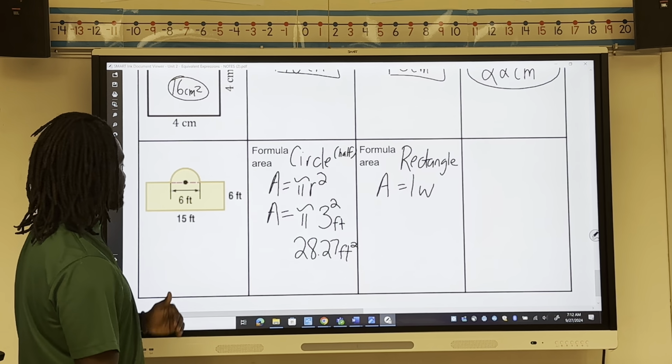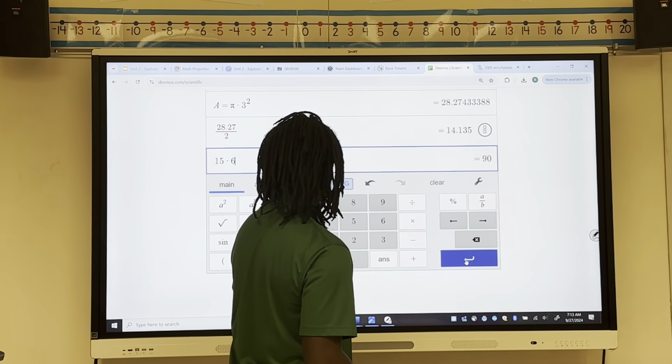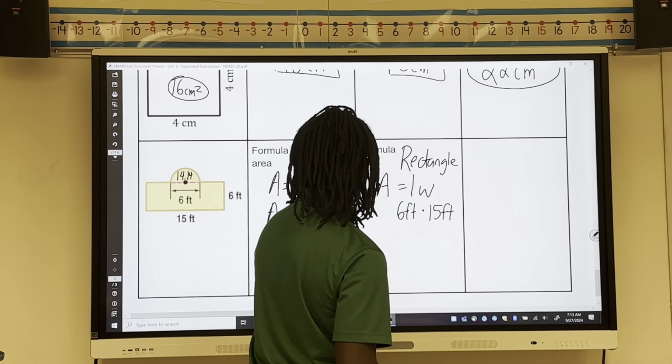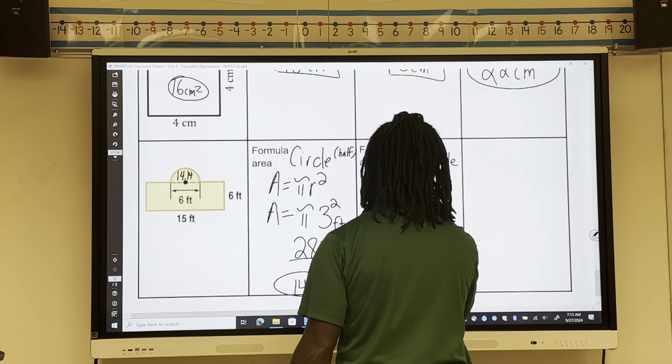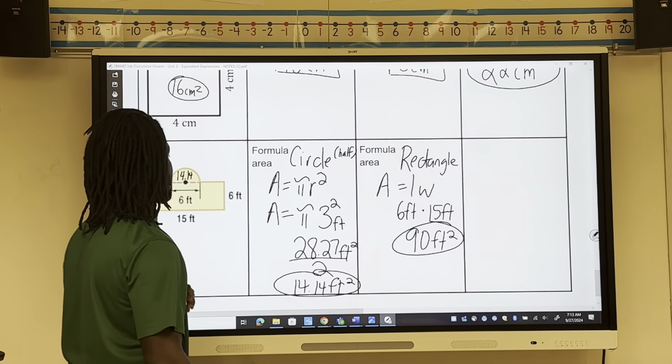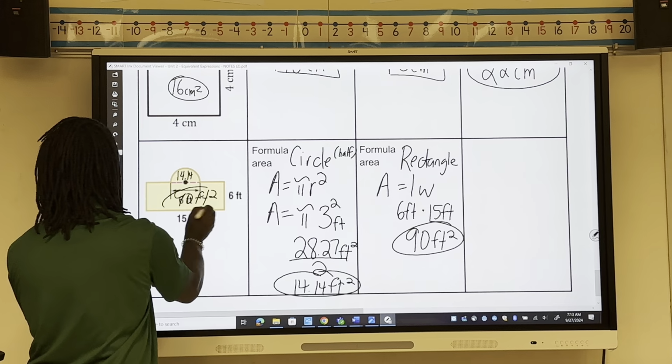15 times 6, which is 90. All right, and so I get 90 feet squared, and that is the area of the rectangle, so 90 feet squared.